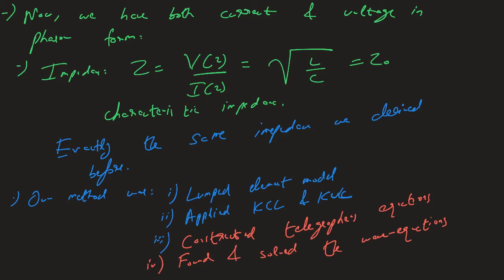So if you can match that, then you will not get any reflections, I promise you. But why and what reflections have to do with impedance, I'll show you next time. And now you know how to do this in both time and frequency domain.